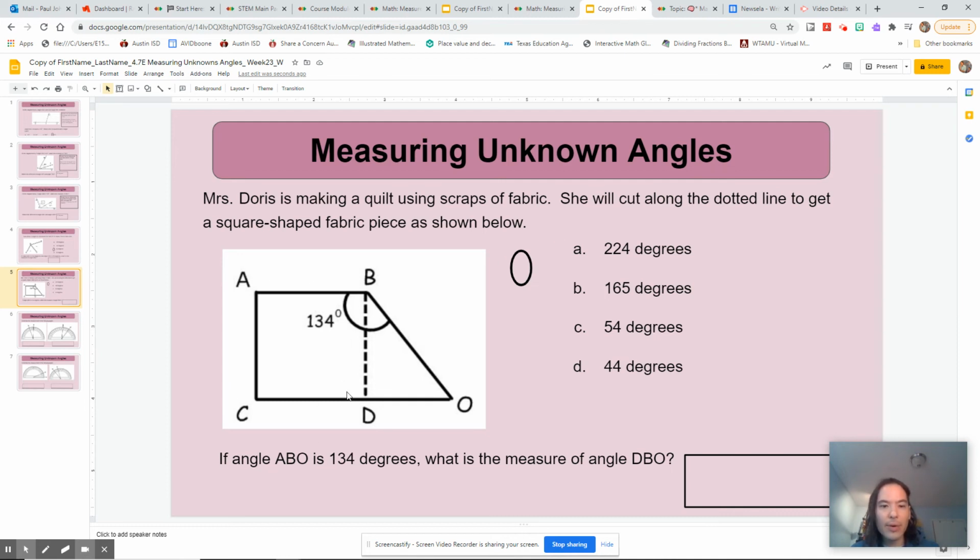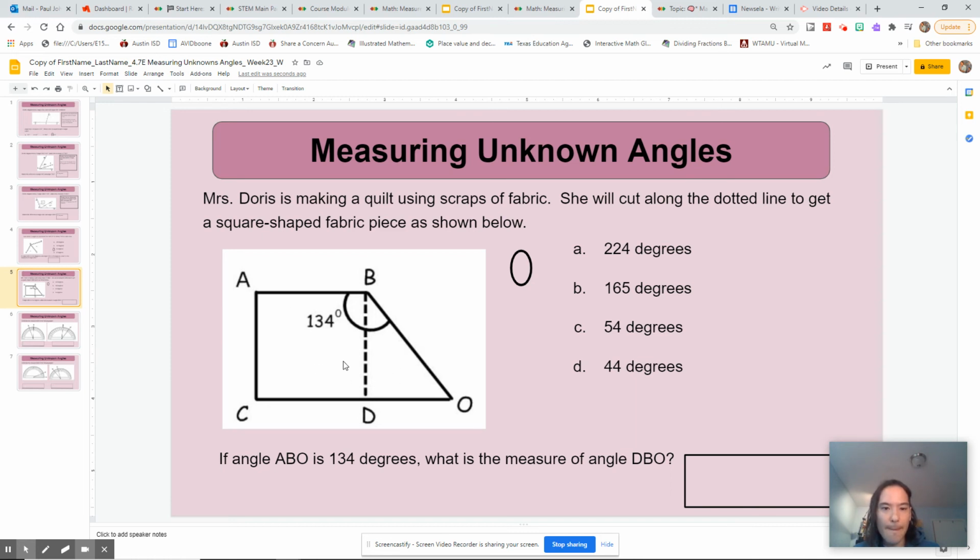If angle ABO, that's an obtuse angle because it's larger than 90 degrees, is 134 degrees, what is the measure of angle DBO? So once again, this little corner might make you confused. Just pretend it's not there. The big piece, the whole obtuse angle, is 134 degrees.